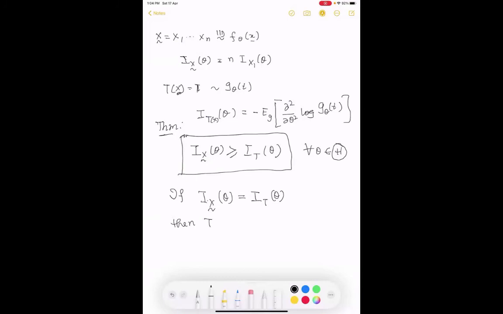Then T is called a sufficient statistic.